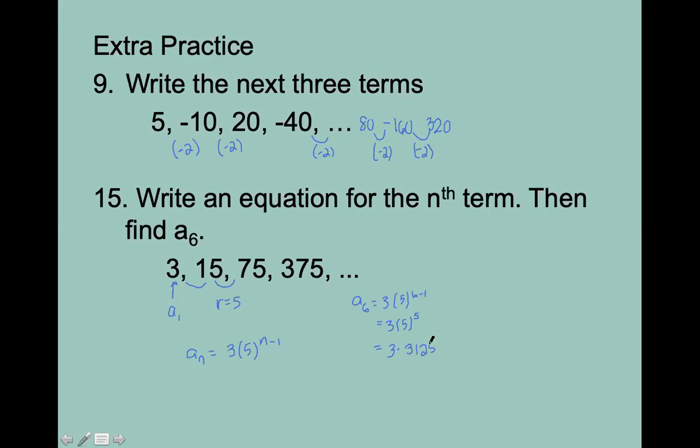And then I have to multiply that by 3. So I get that the sixth term is 9,375. So you can see with these geometric series, the numbers get big in a hurry, right? Not like arithmetic. These increase at a really quick rate.